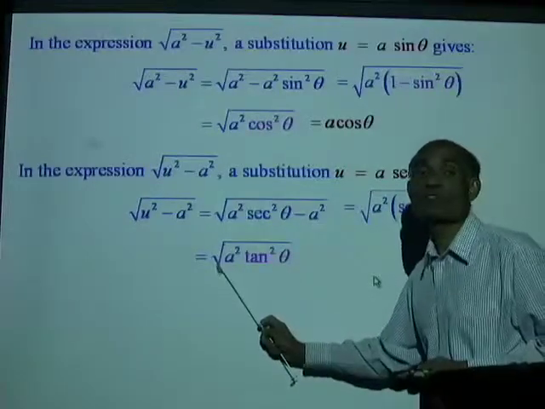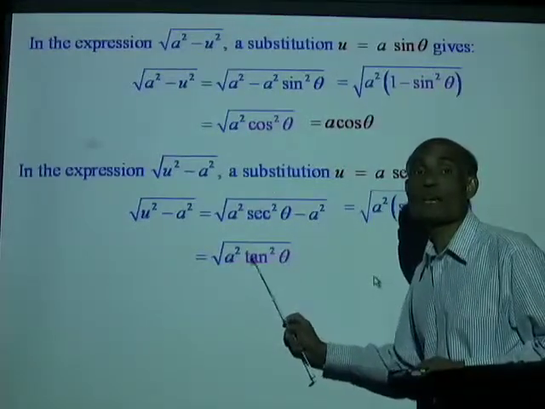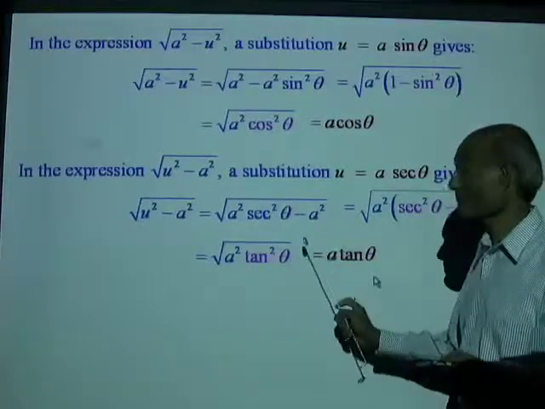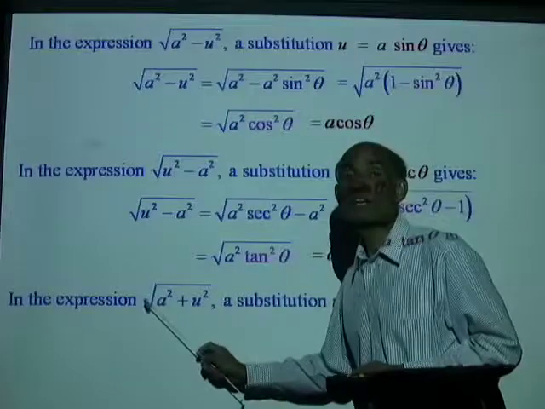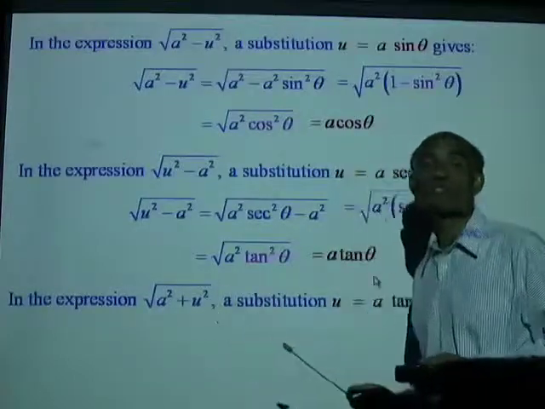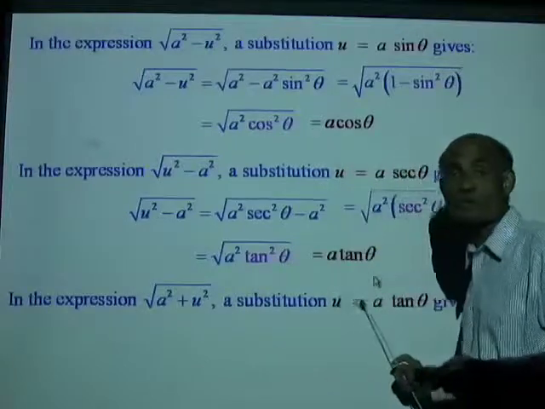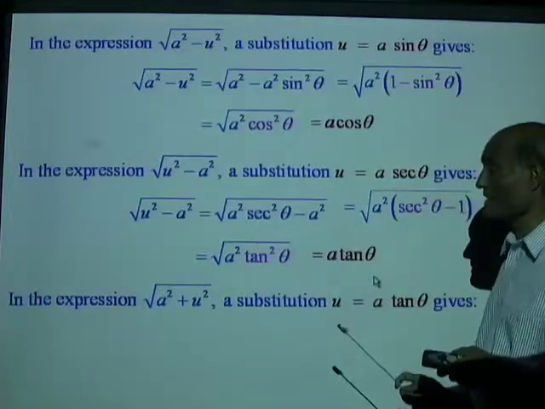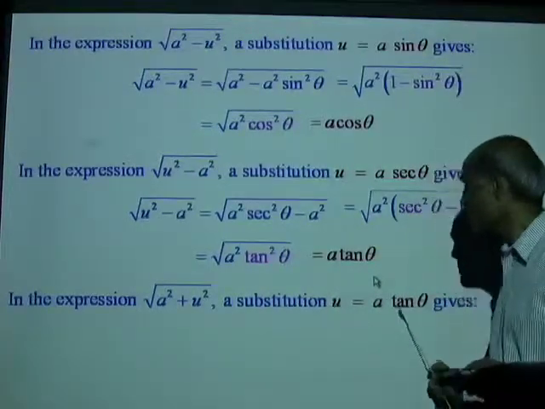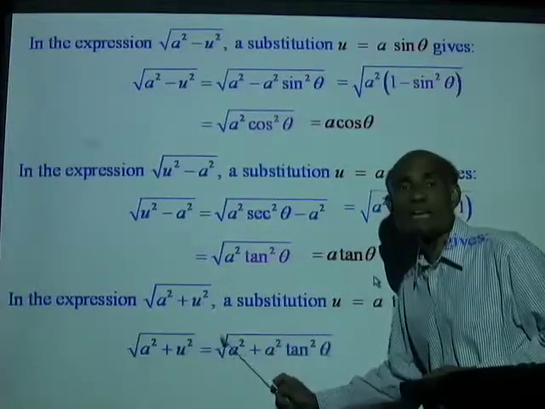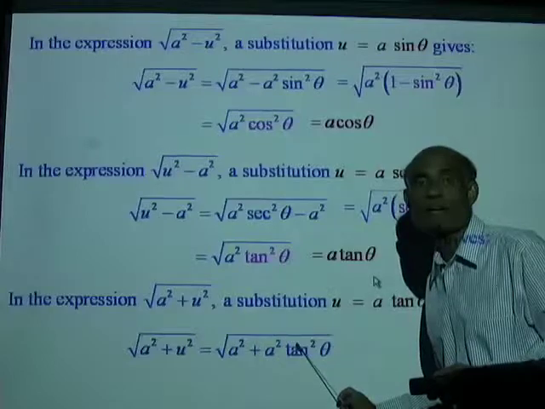So that will be the square root of a squared tan squared theta, which becomes a tan theta. And finally, in the expression square root of a squared plus u squared, we substitute u equal to a tan theta. When u equal to a tan theta, u squared will be a squared tan squared theta.